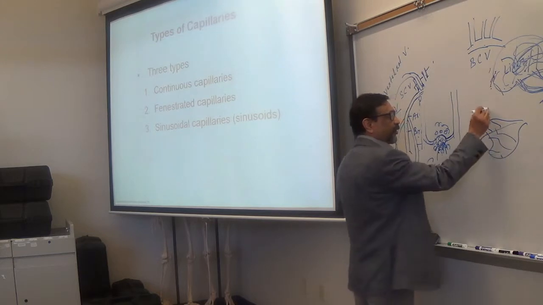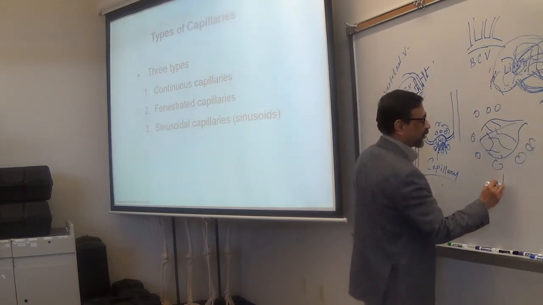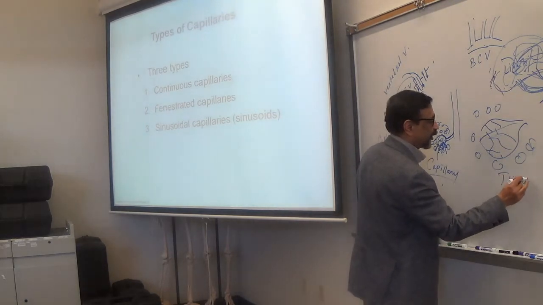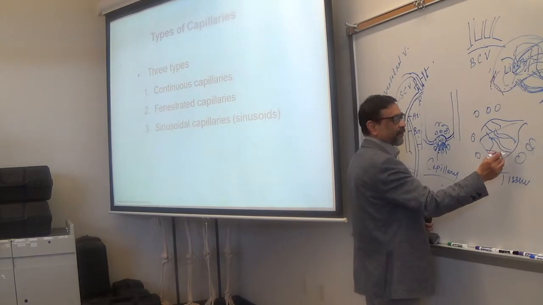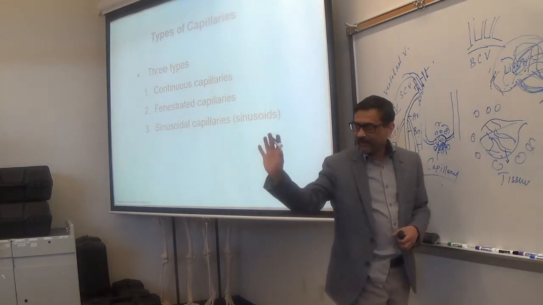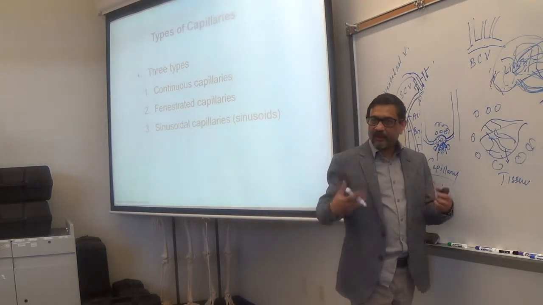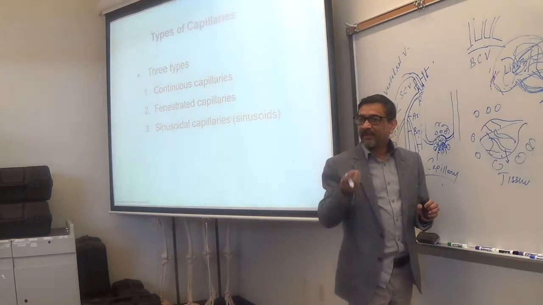and this is the tissue around it. Now you all know, tissue continuously needs what? Oxygen, as well as nutrients.